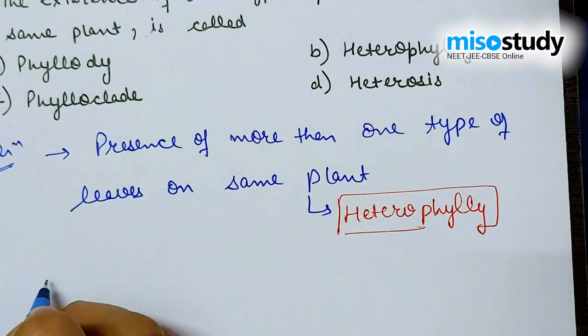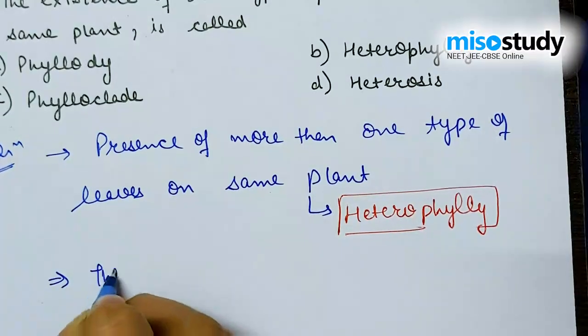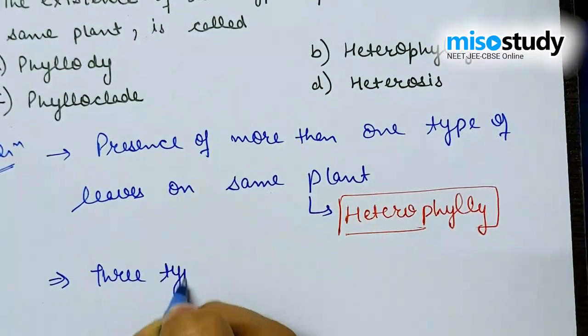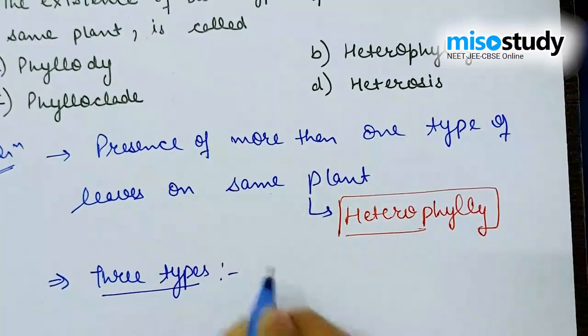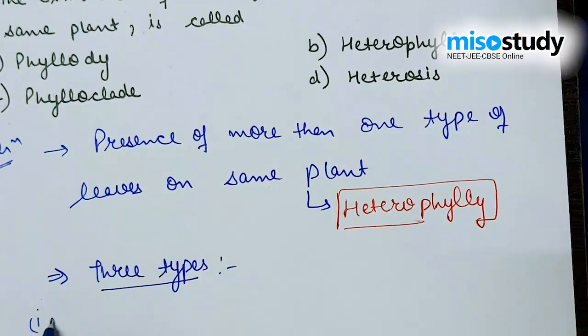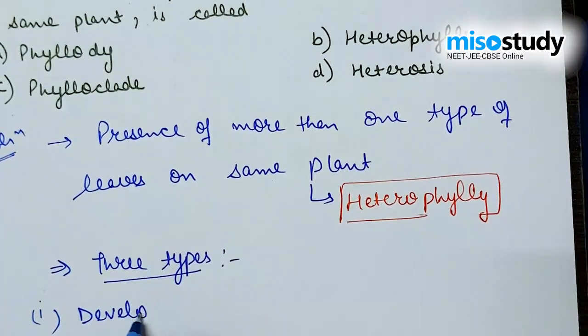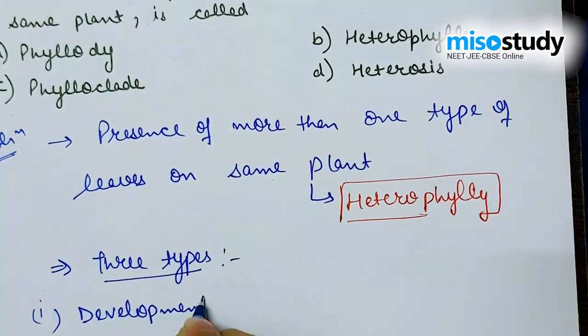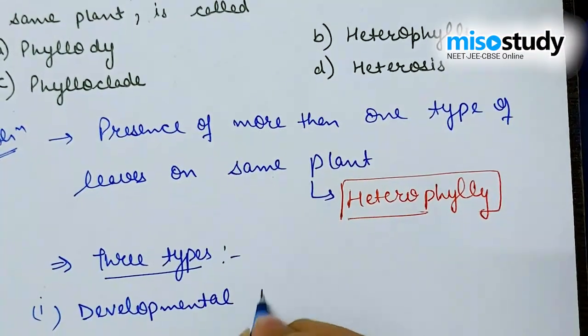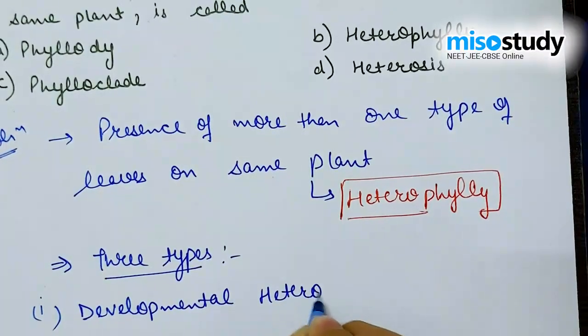These are further categorized into three types. First is developmental heterophylly.